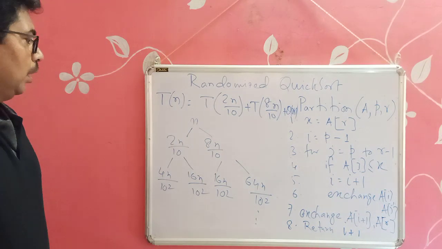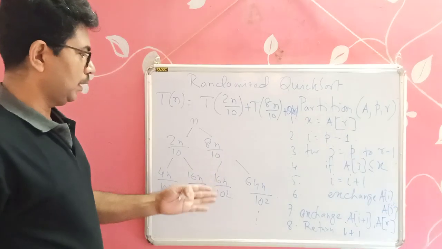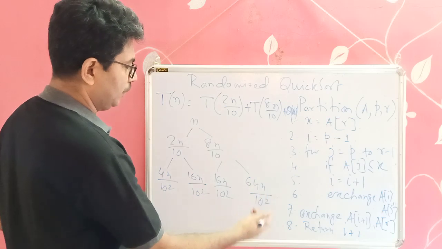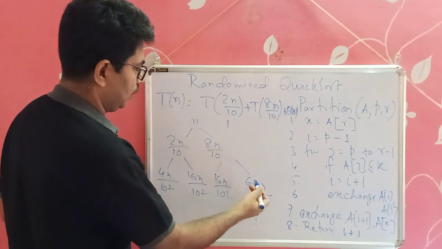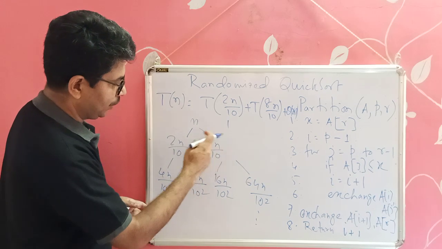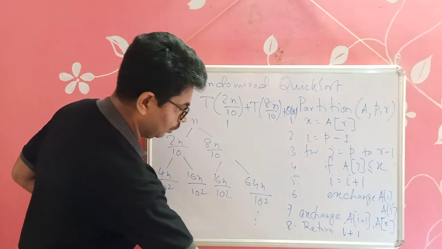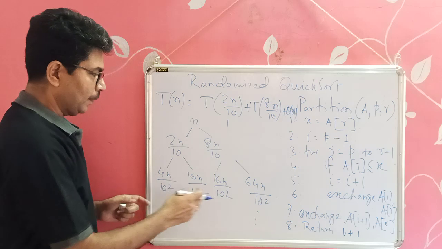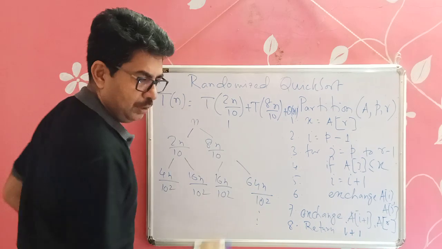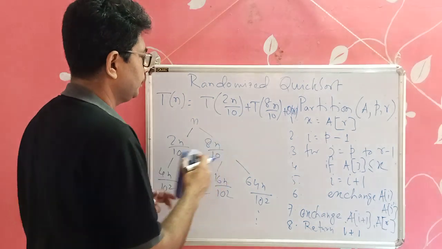So what will be the ith term or terminating condition? Since 8n/10 is the larger value, this subtree will go longer than the other.